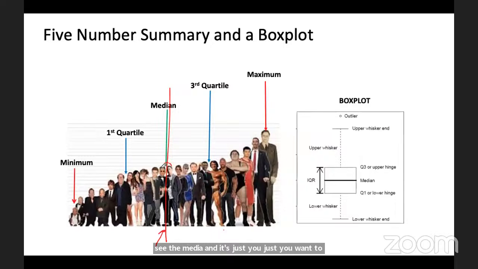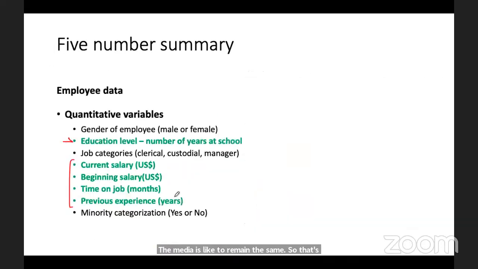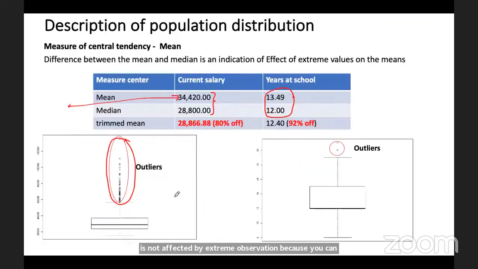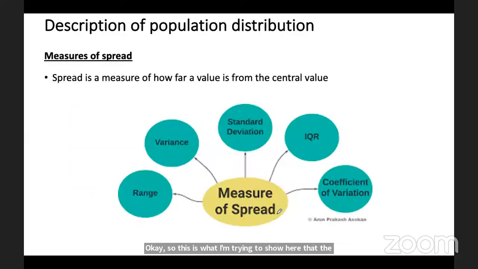So these heights here are the median height. Even if I chop up these people here, the median is likely to remain the same. So that's why it is not affected by extreme observations, because you can always get them off. So this is what I'm trying to show here, that the median at the center is very, very robust.